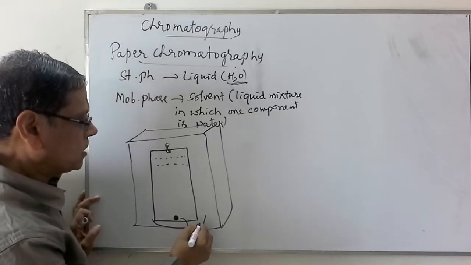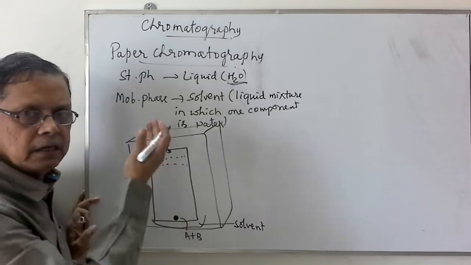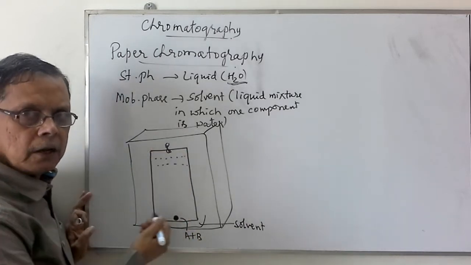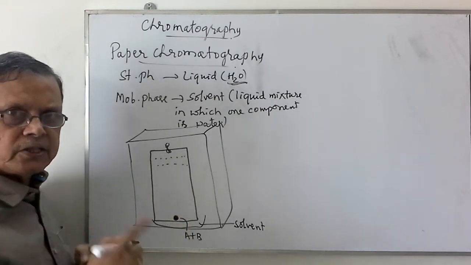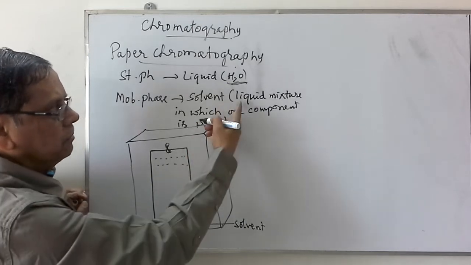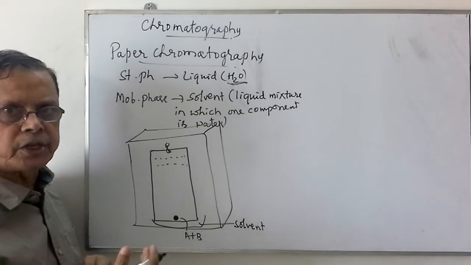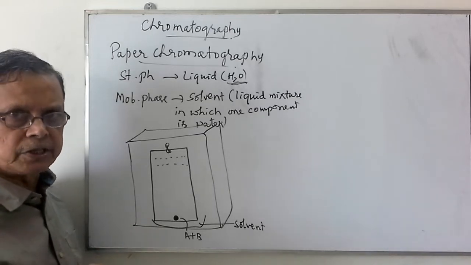And when you allow the solvent to move up, again by means of capillary action, the solvent will be moving up. Along with the solvent, these particles also move. They are exchanged between this mixture of liquids and water. So there is a partition, a distribution of the solute between the two liquid systems.